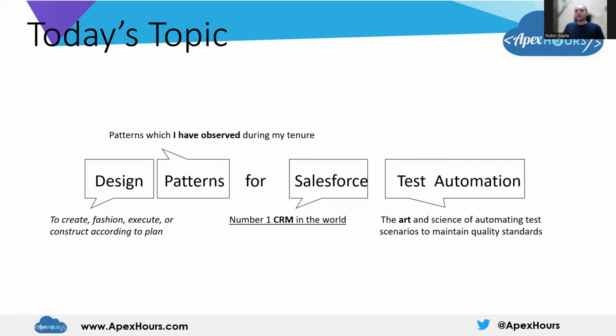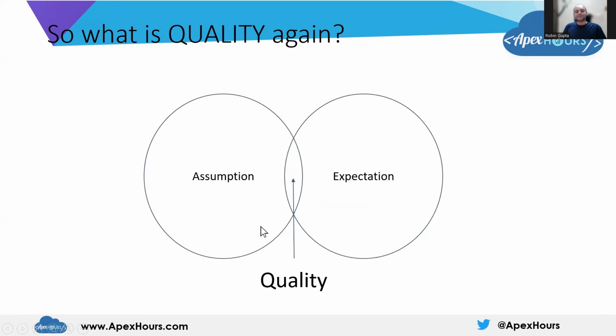Moving forward, before we go into test automation, first let's understand testing and quality a little bit. So what is quality again? Here is a very simple representation of how to envision quality. We as software delivery teams generally make some assumptions when we are crafting the software for our end users.